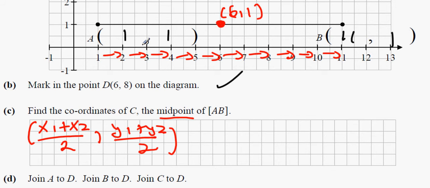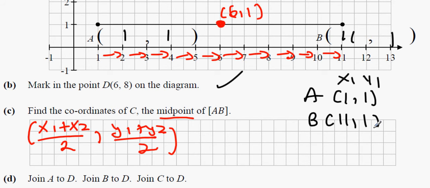Remember A is 1, 1, so A is going to be x1, y1. B is 11, 1, which can be x2, y2. We put them into the formula, and the x value will be 1 plus 11 divided by 2.